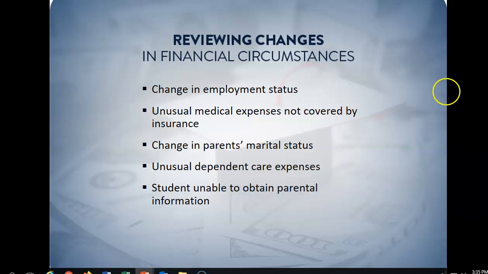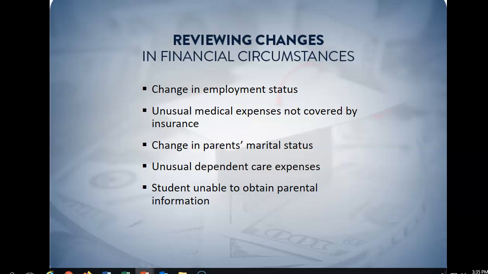Any of these circumstances should be reported to the financial aid office at the schools your child is looking at. You should file the FAFSA first and then let them know about these kind of situations. A school has discretion in whether it takes any of these into account or not.